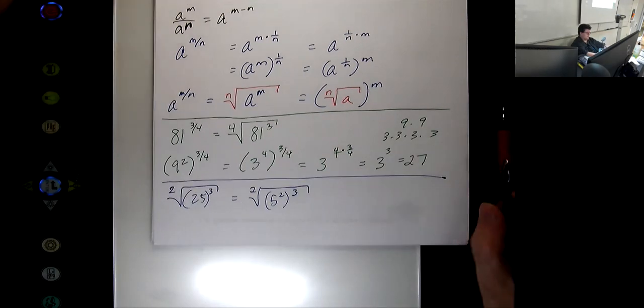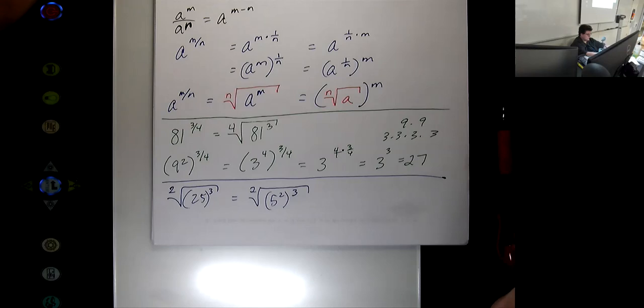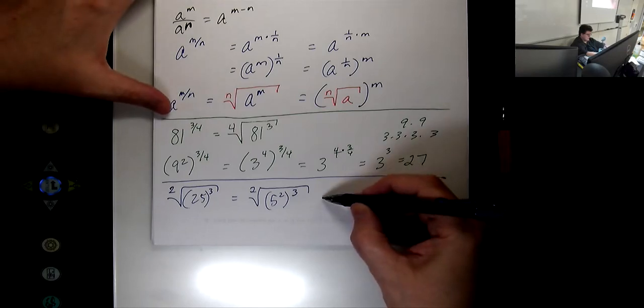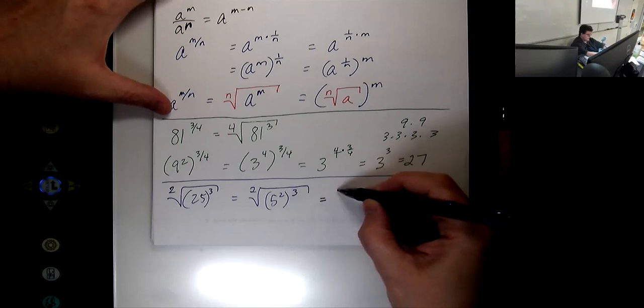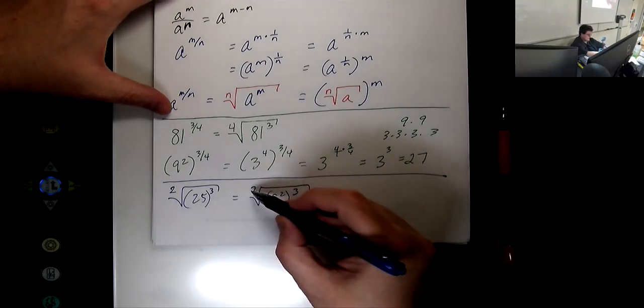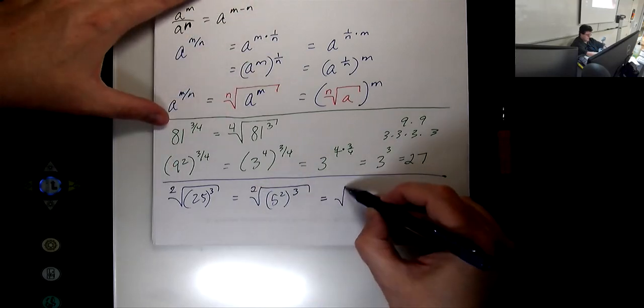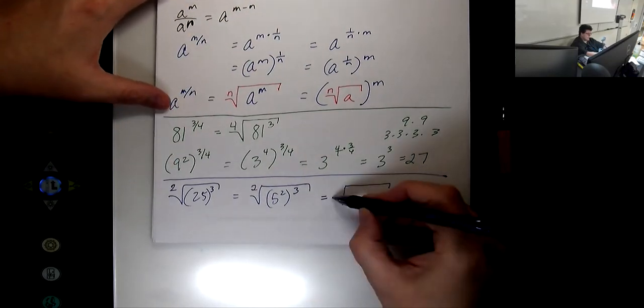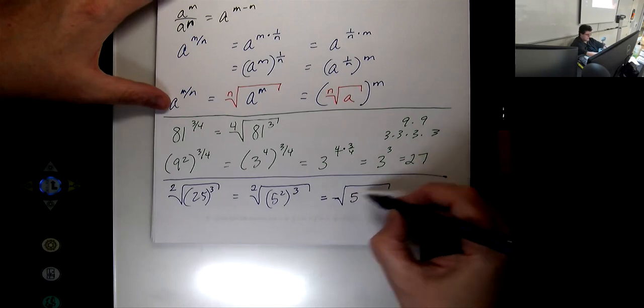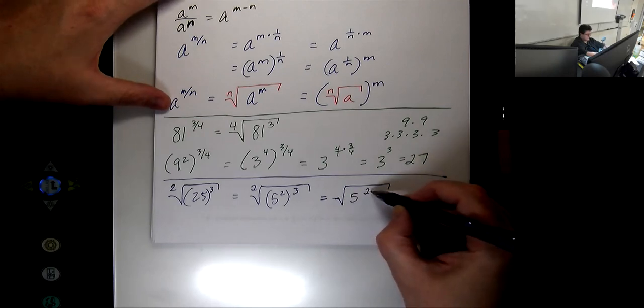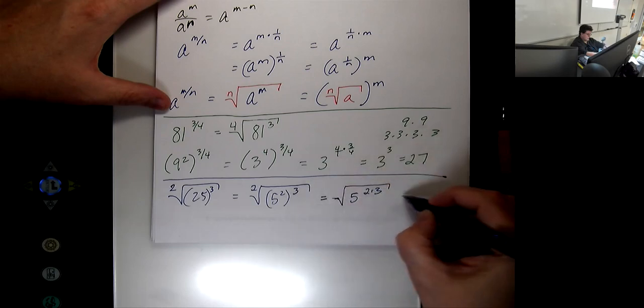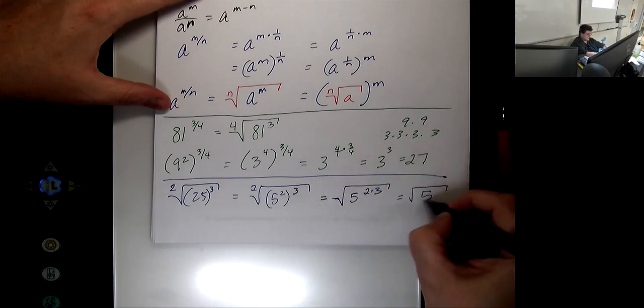And so I'm going to just replace that part right there. So oftentimes you won't even see the 2 out front. It'll just look like this. I'm going to multiply that 2 and 3 together just to show you another way to get this.